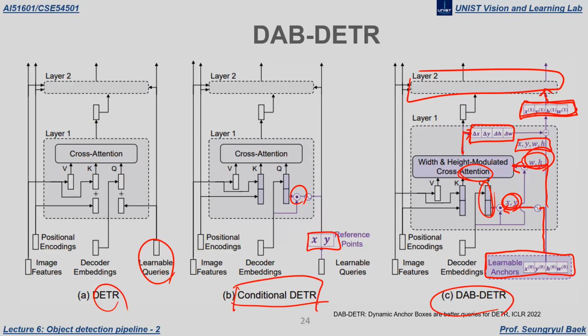But in conditional DTR, they gradually have X and Y positional information, and the performance gets better. In DAB-DTR, they further have width and height values, and it further improves the performance, okay?